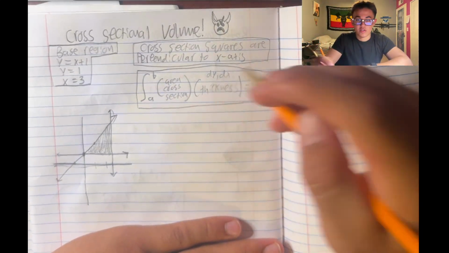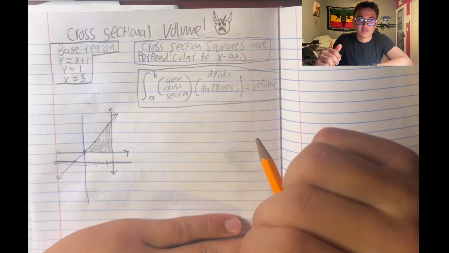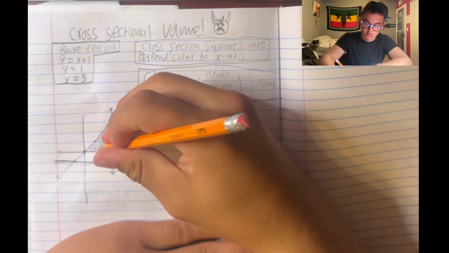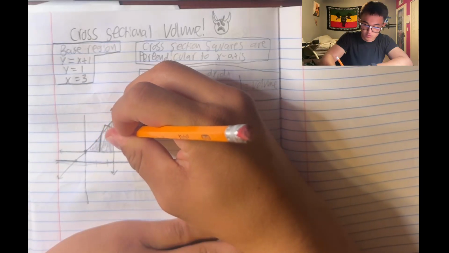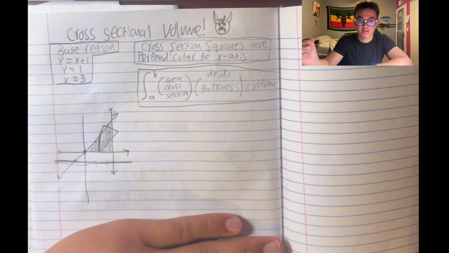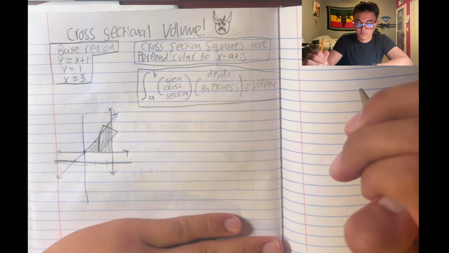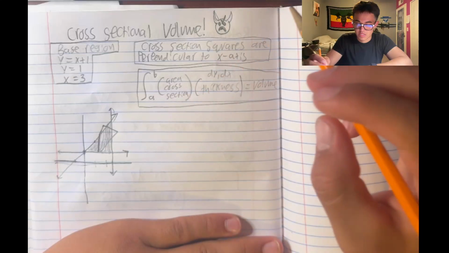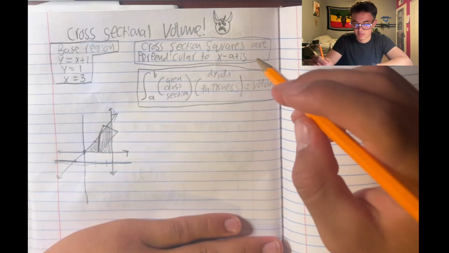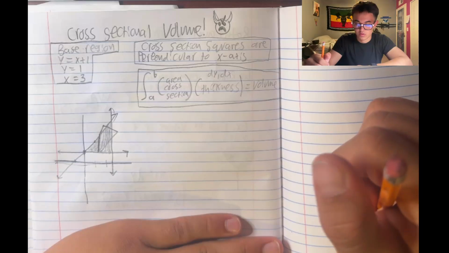Okay, so looks like we got cross-section squares perpendicular to the x-axis. So the squares should be going like that. That's kind of a square. And here's our formula. So we got A to B, the area of the cross-section, thickness, and then that is equal to our volume.